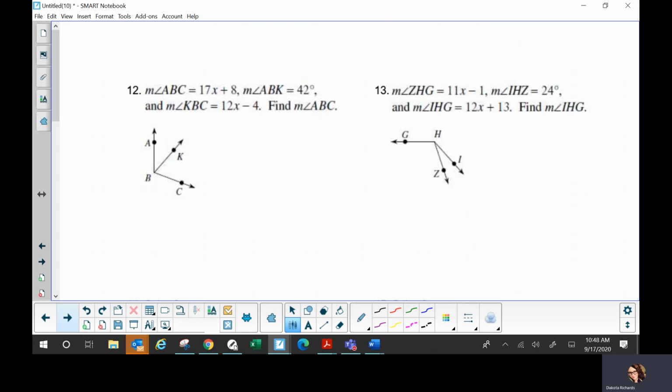again, you're going to take this entire angle, ABC, that is 17x plus 8. That entire angle is composed of the two smaller angles. So you would set this up: the two smaller angles, KBC is 12x minus 4 and ABK is 42, equals the whole thing.